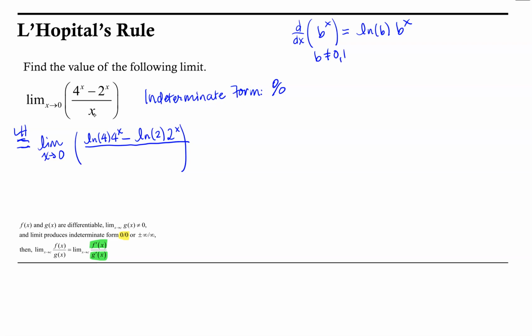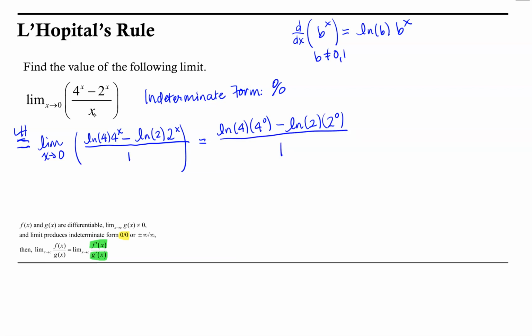Now the derivative of the denominator is 1. So now let's see what happens when we attempt to take our limit. And we take our limit as x approaches 0, we will have the natural log of 4 times 4 to the 0 minus the natural log of 2 times 2 to the 0 all over 1.